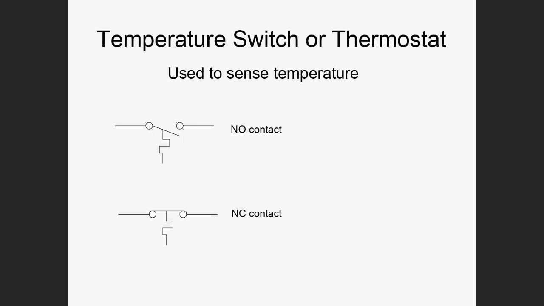Here, just the schematic symbol is what you would see. I don't have an actual picture of a thermostat or temperature switch, but they do make physical temperature switches, but they're old school. Now you'll have electronic devices that sense temperature, and it's kind of improper to call it a switch. It would have a switch in it, but it would be more like a sensor.